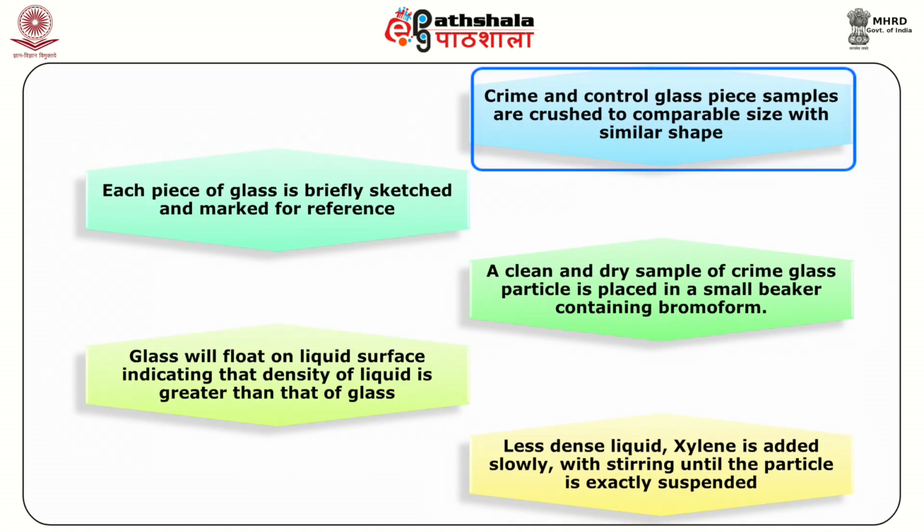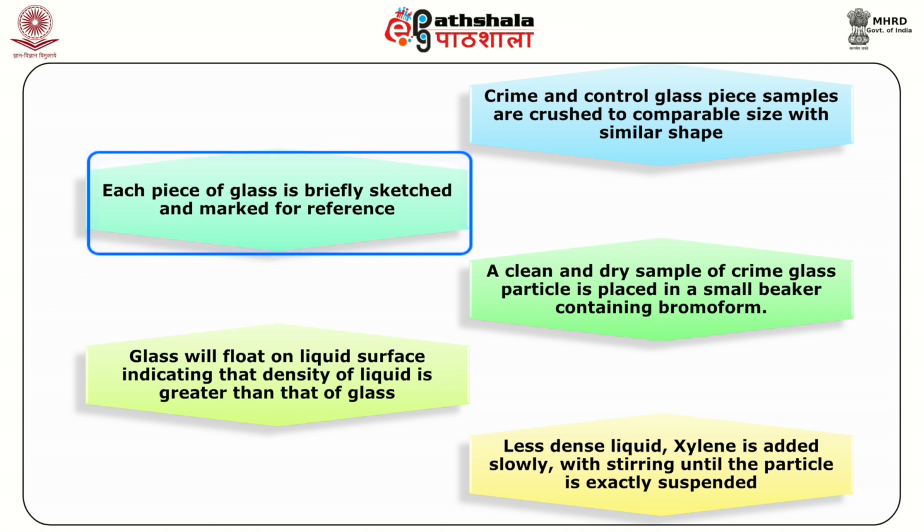The crime and control glass pieces, the ones with known density samples, are crushed to comparable size with similar shape, which is one of the most important steps. Each piece of glass is briefly sketched and marked for reference.